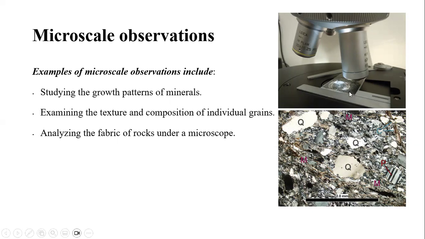So you are using a thin section, and then using transmitted light microscopy or reflected light microscopy, and then you can understand the textures, the grain orientation, the grain boundaries, and many other properties that are seen within this rock. So this is what you call the microscale.